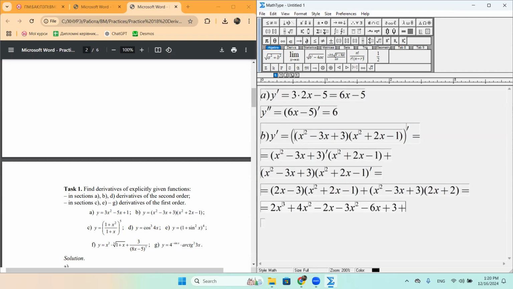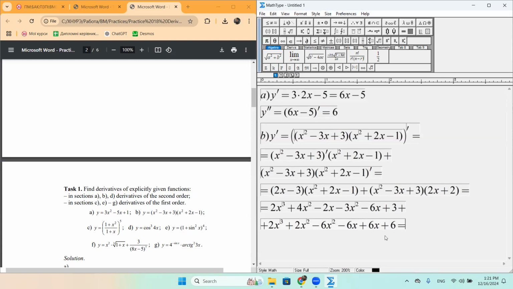And the second expression: 2x to the power of 3 plus 2x to the power of 2 minus 6x to the power of 2 minus 6x, by the way, plus 6x and plus 6. So it should be correct.